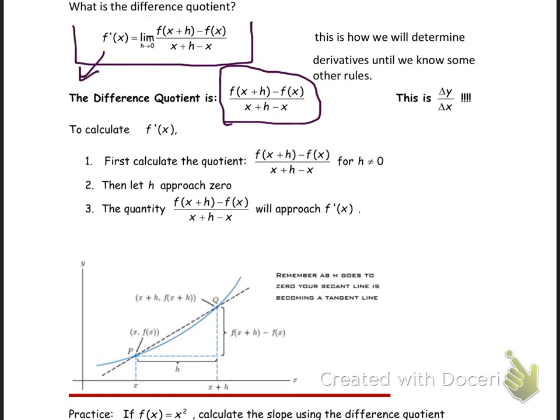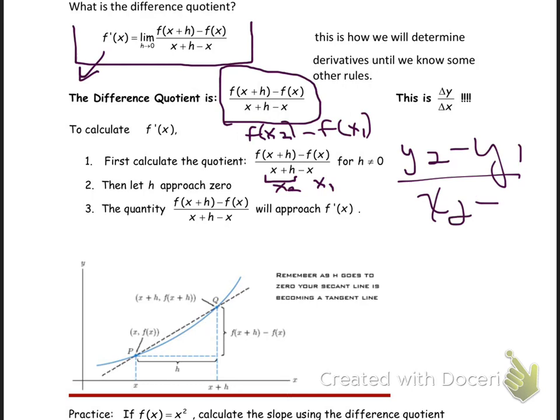First, calculate this quotient: f of x2 minus f of x1 over x2 minus x1. So you're basically just doing y2 minus y1 over x2 minus x1. That's your underlying premise of what you're doing.